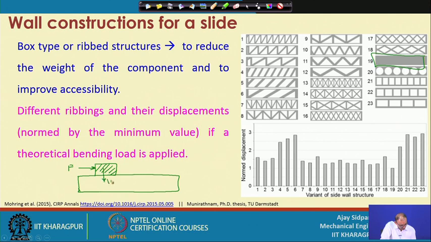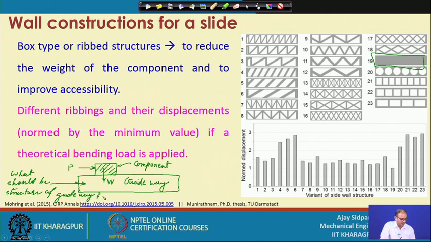So, it has a weight, correct, and now consider what should be the structure of this particular guideway, and this one is the component, right. So, what should be the structure of the guideway, correct.